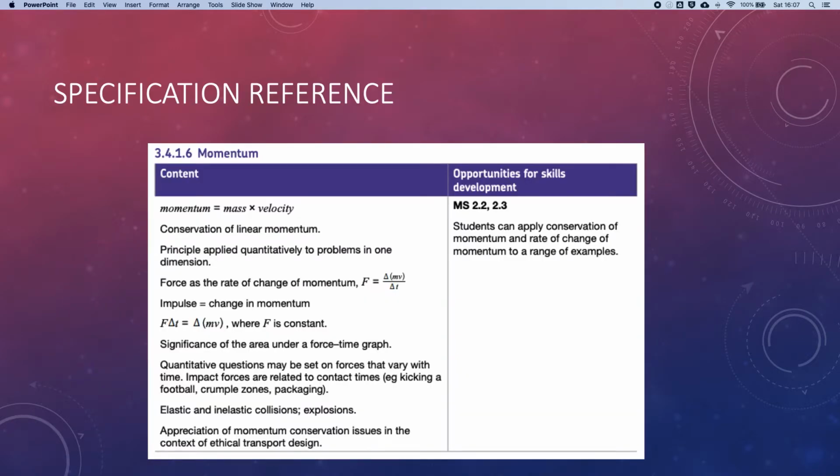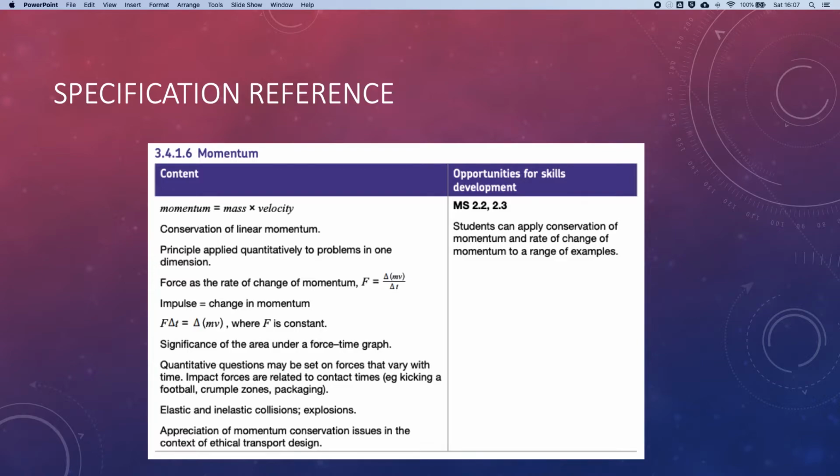Our spec reference is this section on momentum. We need to know what it is, we need to know conservation of it, we need to do some quantitative examples in one dimension, we need to know Newton's second law, stated as F is rate of change of momentum, we need to know what impulse is, and what a force time graph is, and some more questions later on, like impact forces, elastic and inelastic collisions, and explosions, and application of it.